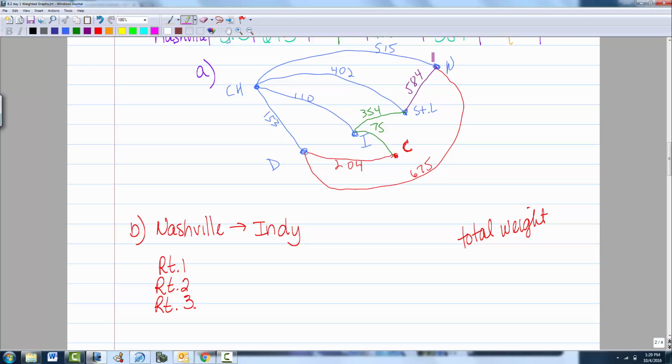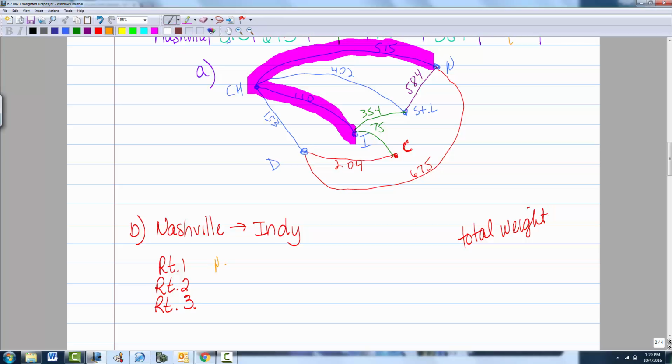So here's Nashville, and here's Indianapolis. So one, even though it looks longer, it's actually, I think, the shortest. If I go from Nashville to Chicago and then Chicago to Indianapolis, then just get its total weight, which would be its total distance.